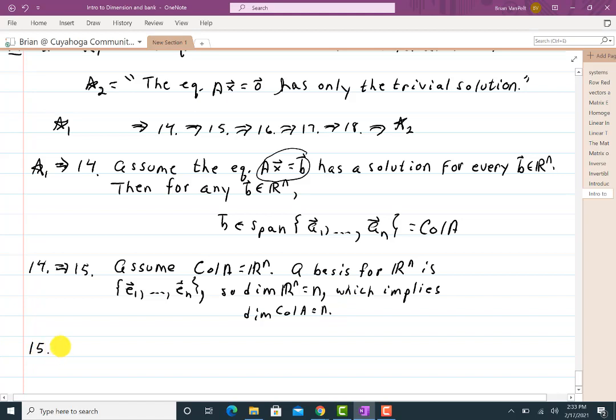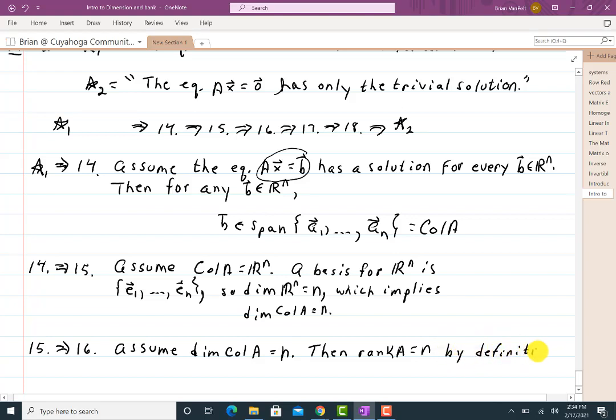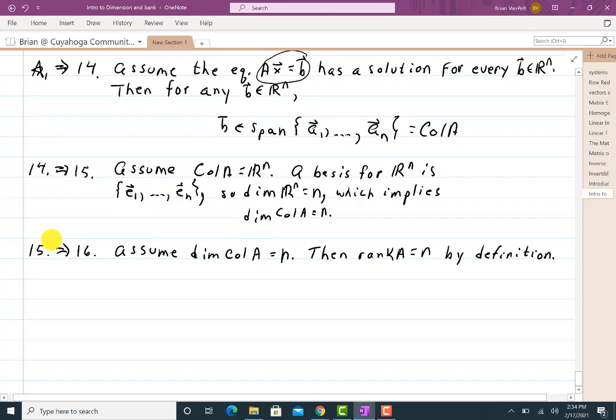Now we're going to do 15 to 16. Assume dim Col A equals n. Then rank A equals n by definition. The rank is defined to be the dimension of the column space, so I don't have to really prove anything here. 15 and 16 are actually the same statement twice, but I'm not going to prove 15 implies 16 backwards because I'm going to stick with the flow I've got going.